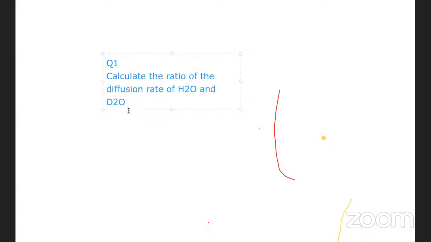Now, the molar mass of water is 18, given that the molar mass of water is 18.0 gram per mole.